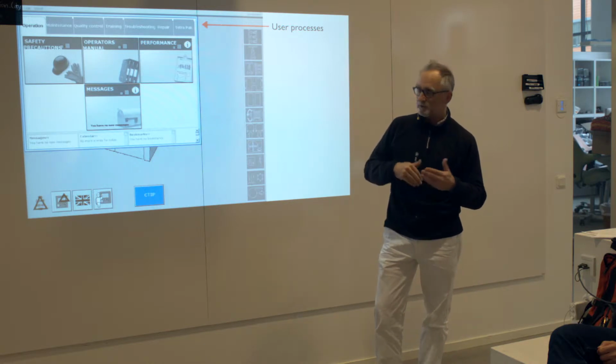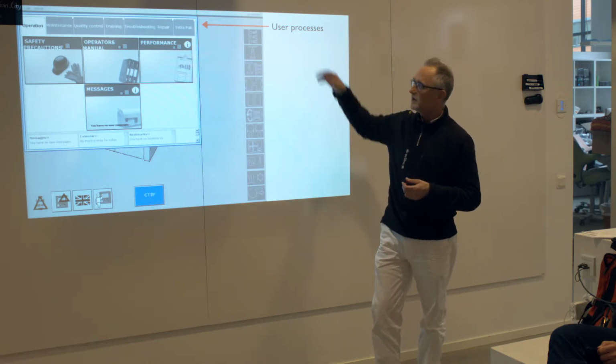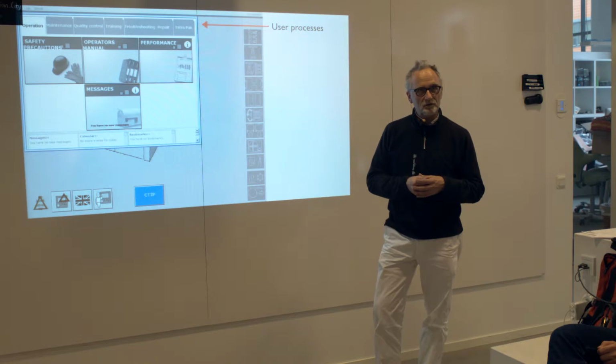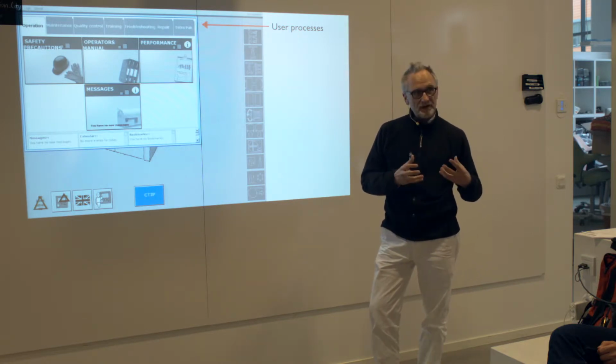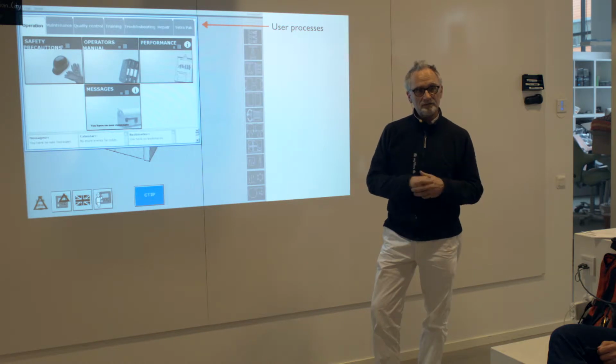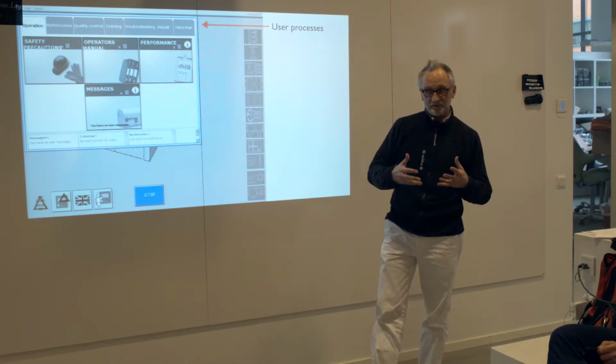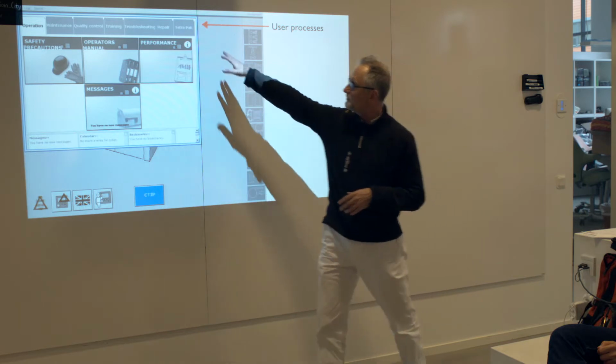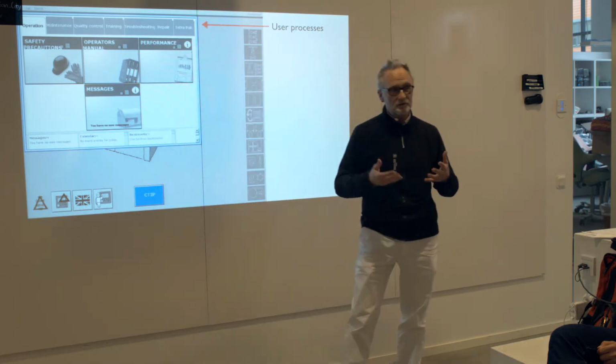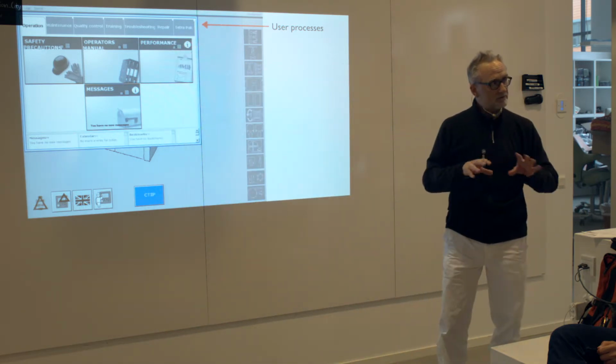We also started to use a user process to categorize and structure information in a way that is designed for the user. In that case, these were the user processes for the plant or for a filling machine.